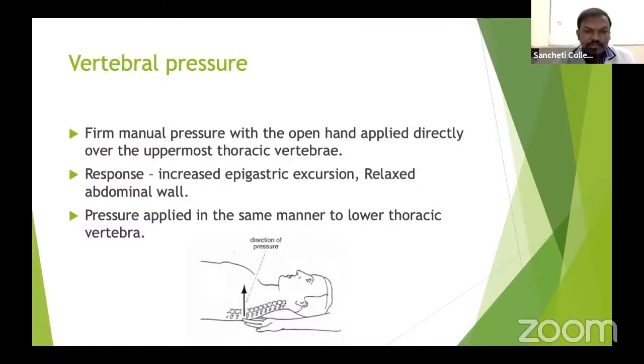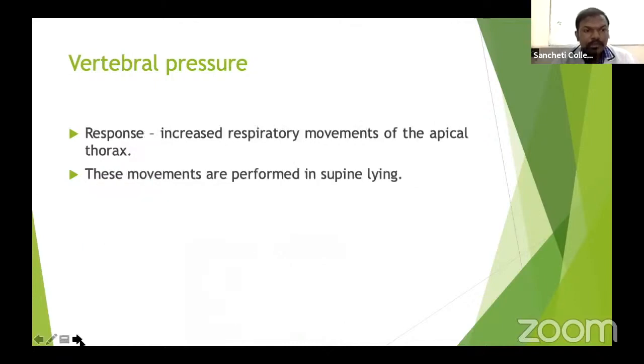As the epigastric excursion is increased, this will be transmitted to the upper thoracic region, and the patient will experience deep breathing. Now, when we apply the same to the lower thoracic vertebra, you can see a response such as increased respiratory movements of the apical thorax. These movements are mostly performed in supine lying positions only.